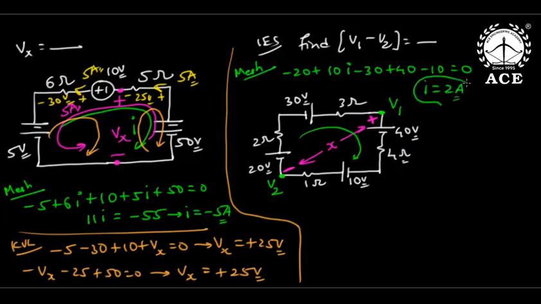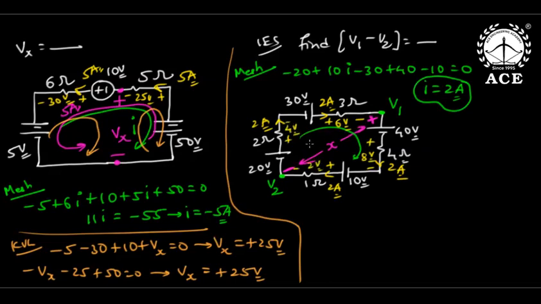The actual current in this mesh is 2. So 2 times 3 is 6 volts, 2 times 4 is 8 volts, 2 times 1 is 2 volts, and 2 times 2 is 4 volts.